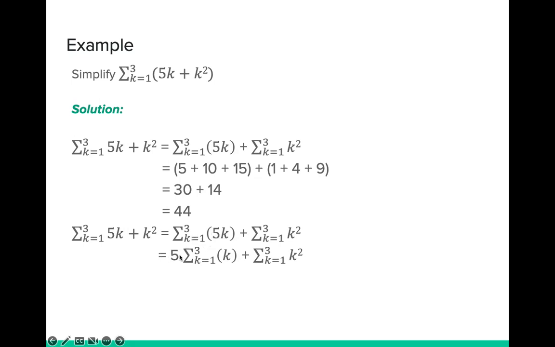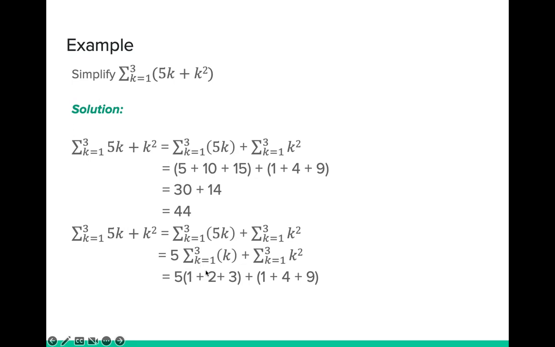So we will be having 5 times the summation of k equals 1 to 3 of k, and plus similarly the second term. So then we have 5 times 1 plus 2 plus 3. Okay, so if k is equal to 1, this will be 1.